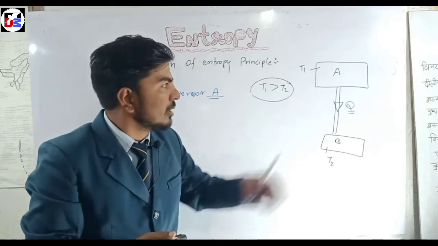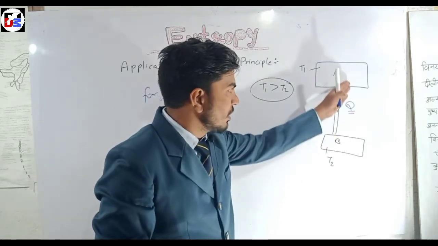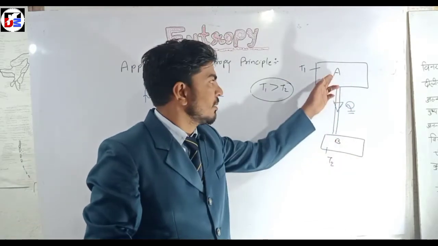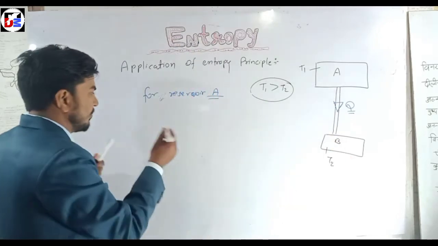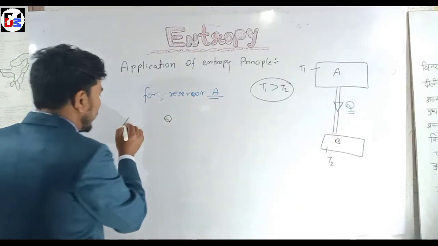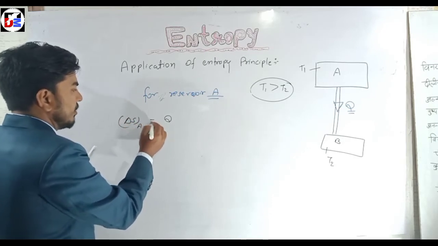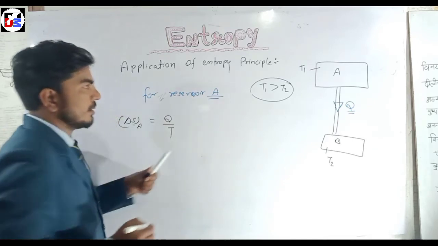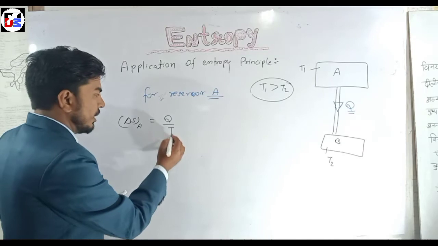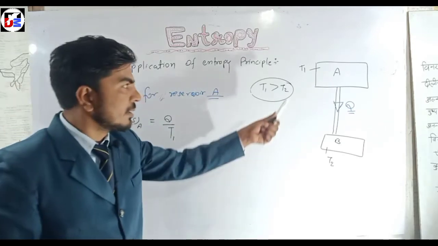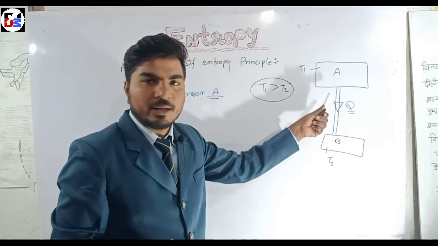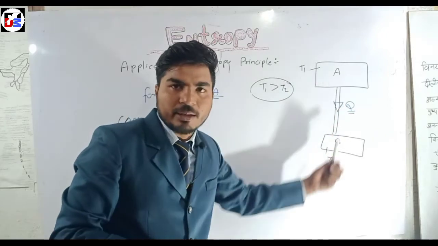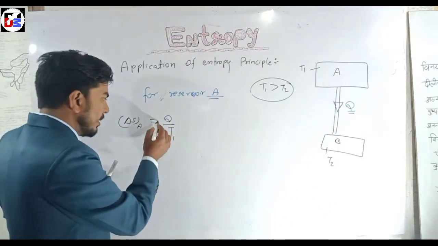I already explained that this is a reservoir, and heat is rejected from the reservoir. The entropy change of reservoir A is Q by T1. T1 is fixed because this is a reservoir, so directly Q by T1, and since heat is rejected from reservoir A, this is negative.